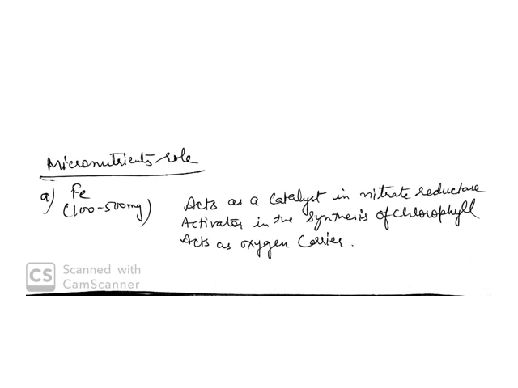So, let's see the first micronutrient, that is iron, which is required 100 to 500 milligram per kg of whole plant. It acts as a catalyst in the nitrate reductase activator, in the synthesis of chlorophyll, and also acts as an oxygen carrier.